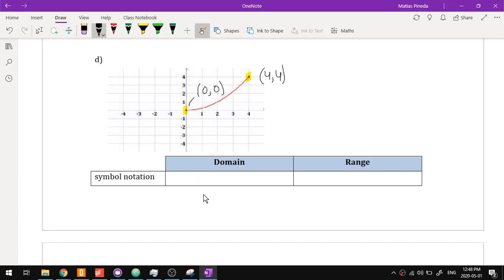So for the domain, x is defined between x equals 0 and 4. So we would say that x is greater or equal to 0 and less than or equal to 4. The range, the smallest value for y is 0, the largest one is 4. The range is going to be the same. y is greater or equal to 0 and smaller or equal to 4.